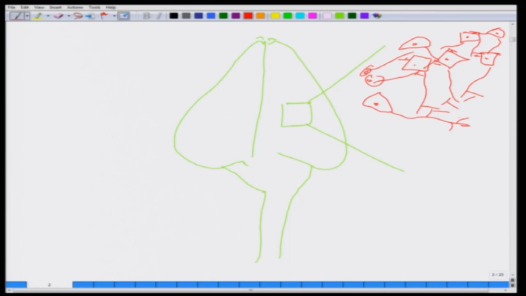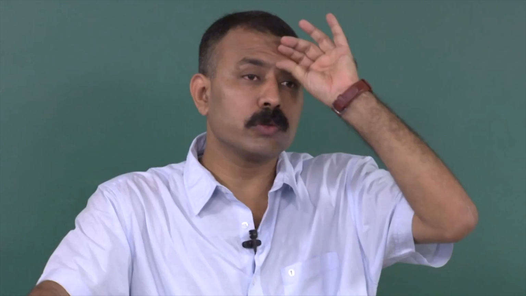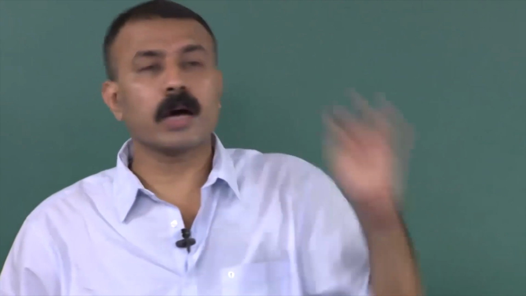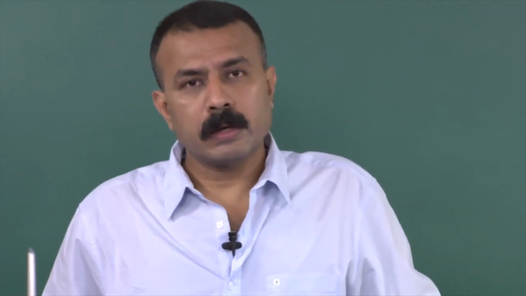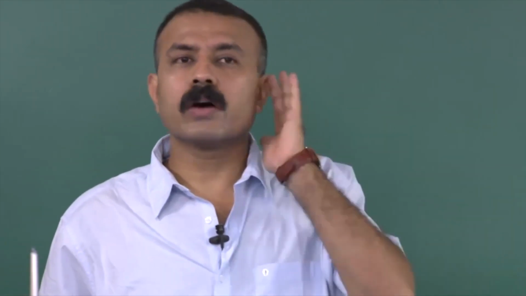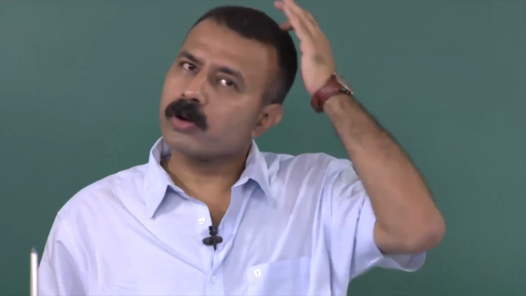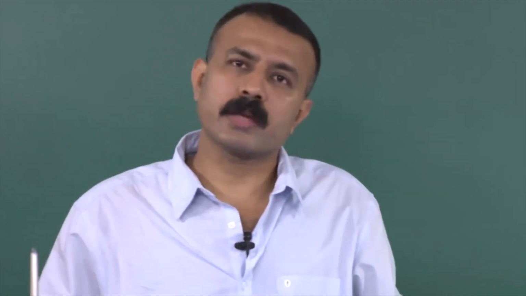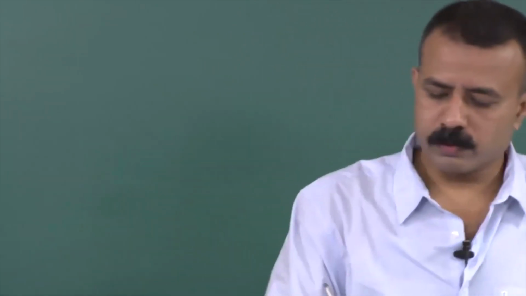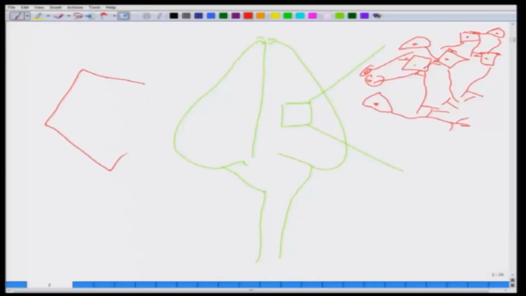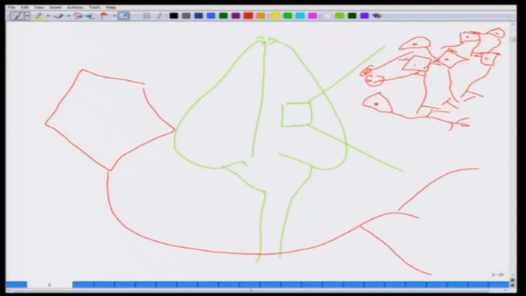In this network, it has been estimated that one neuron has the ability to receive signals from 10,000 other neurons. In other words, at one point of time a neuron has 10,000 synapses on its surface. For example, if this is a single neuron, this is the axon, and here you have the dendritic tree.